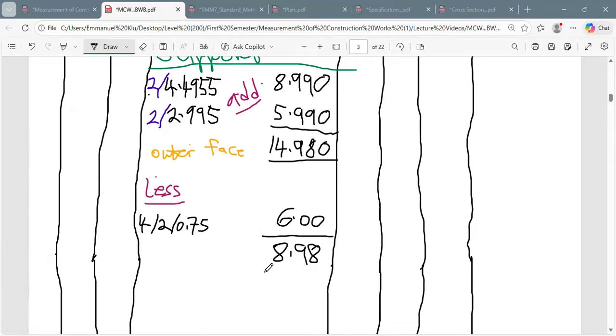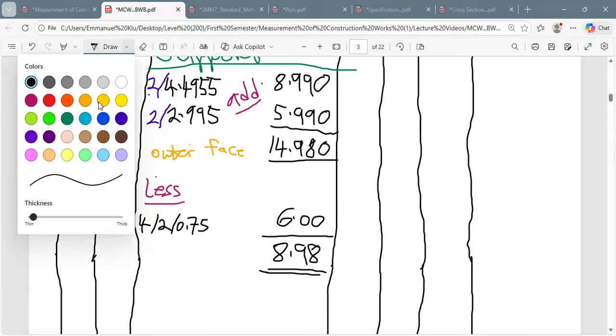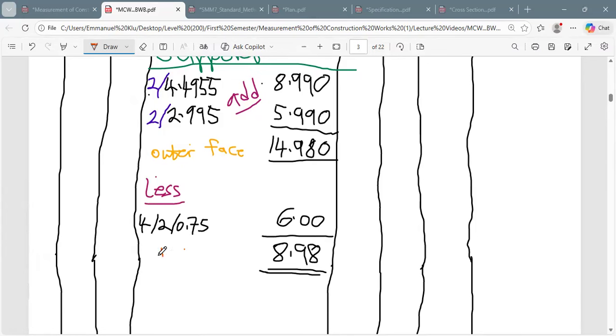And that becomes your internal trench. So this now becomes your internal trench. Because after lessening the breadth or width, at the end of the day it's at both sides, but the corners are 4.